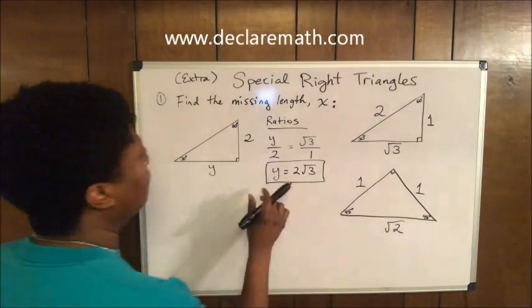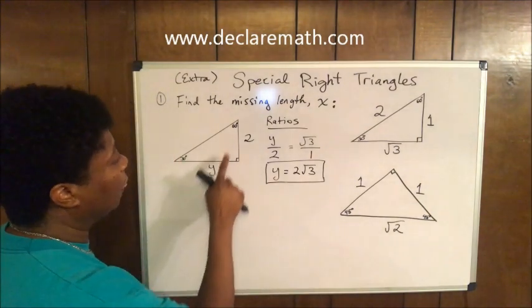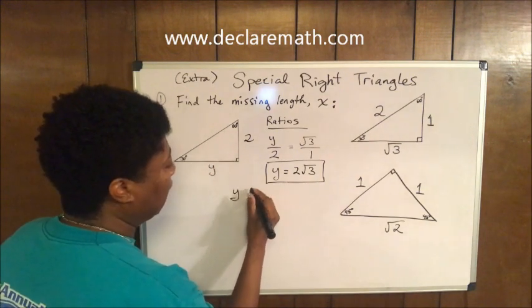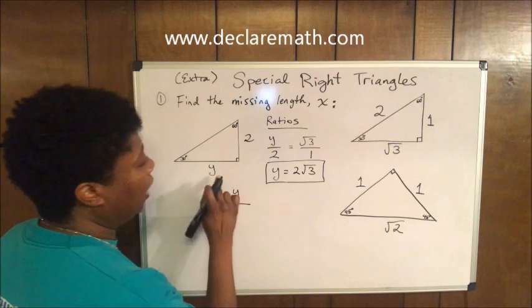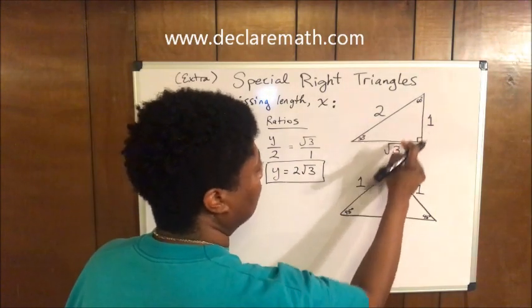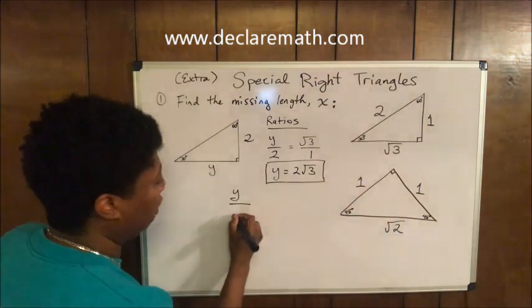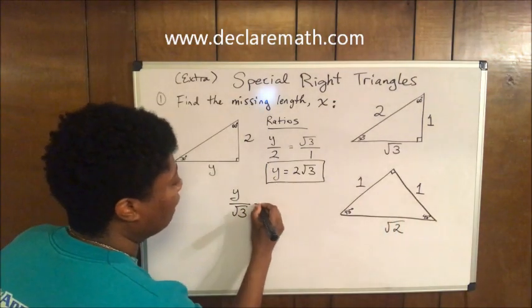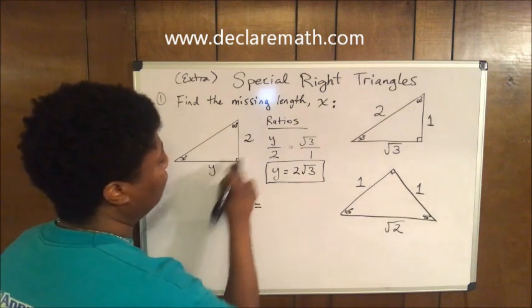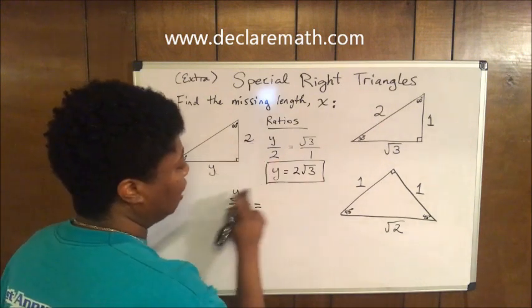What I mean by that is we could have set it up where side opposite of 60 here is y, and then turned around and said side opposite over here of the 60 is square root of 3, and put that here, and then set that equal to, and we have to be careful, we have to have the given triangle here at the top.